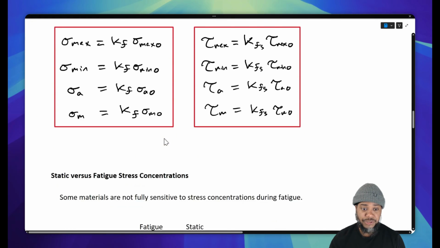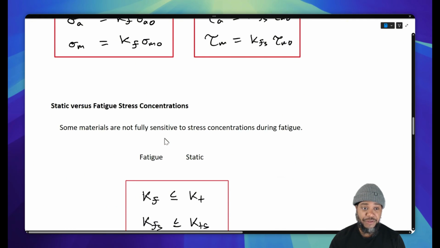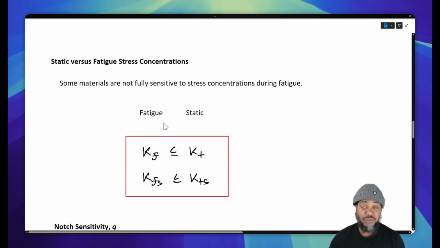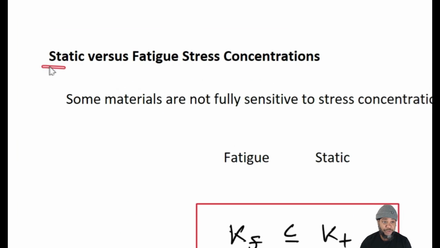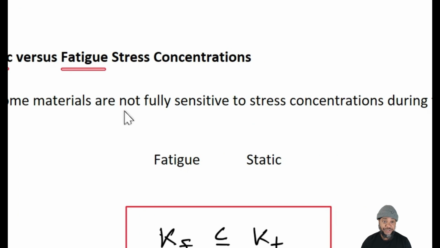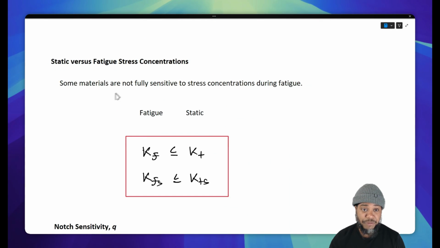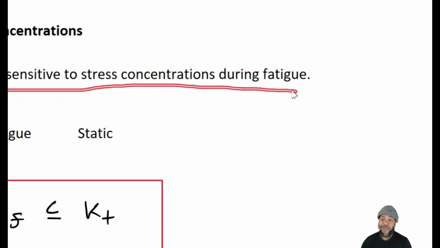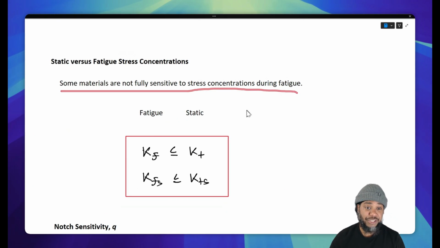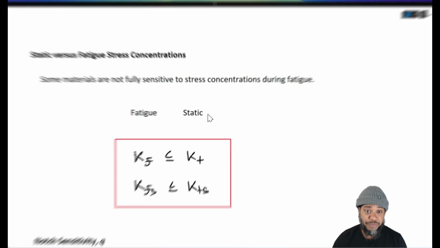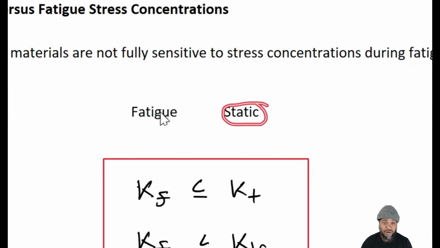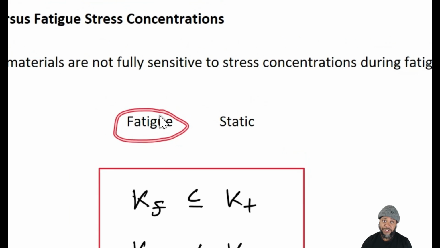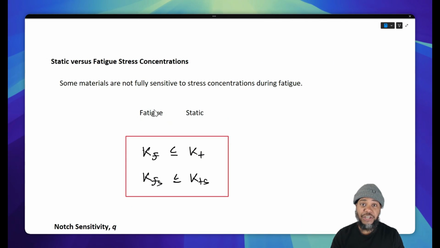Now, there is also a difference in the way that we treat stress concentration factors between static and fatigue conditions. Something to note is that some materials are not fully sensitive to stress concentrations during fatigue. The materials that would be sensitive under static conditions are not fully sensitive under fatigue due to differences in localized plastic deformation.